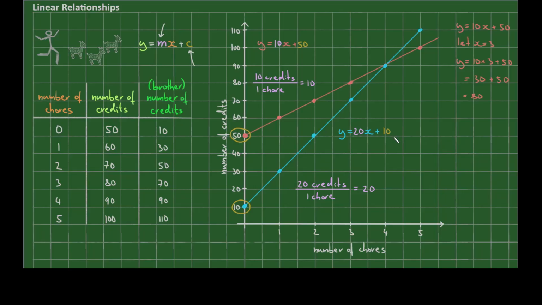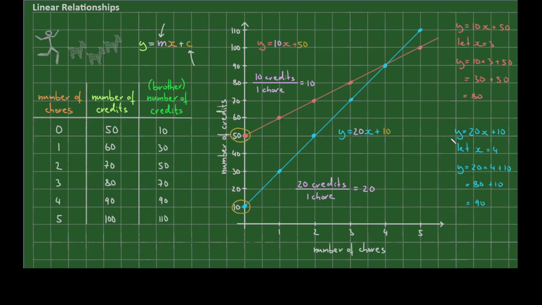As before, I'm quickly going to check that this equation actually works. And this time I'm going to say let x equal 4 and see what happens. This will mean y equals 20 multiplied by 4 plus 10. 20 multiplied by 4 is 80, plus 10 will give me 90, which corresponds with the data in the table. And this in turn means that this equation is correct.